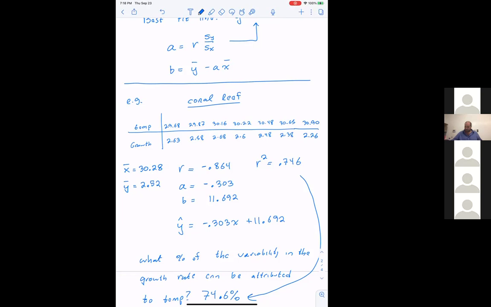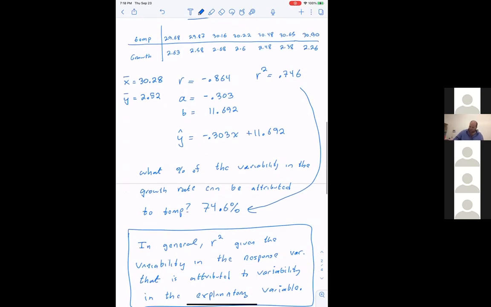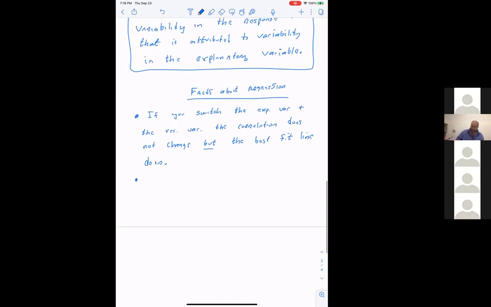Is it the nearest point? Like that's a point near to it. That's not what I'm looking for. What I'm looking for is the fact that it's on the line. X bar, Y bar always falls on the line.